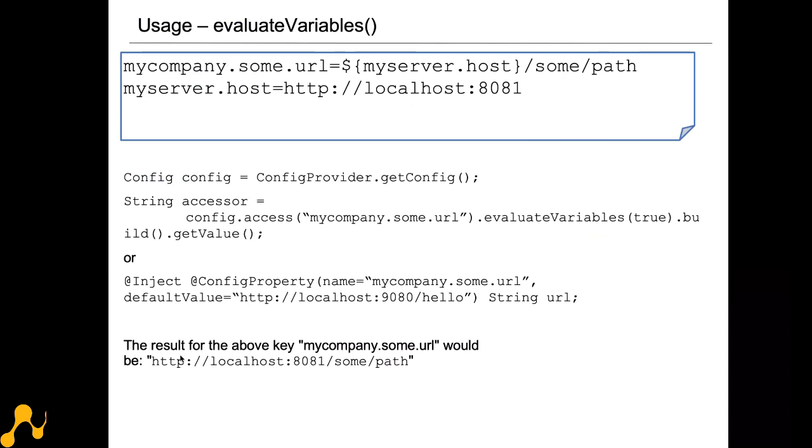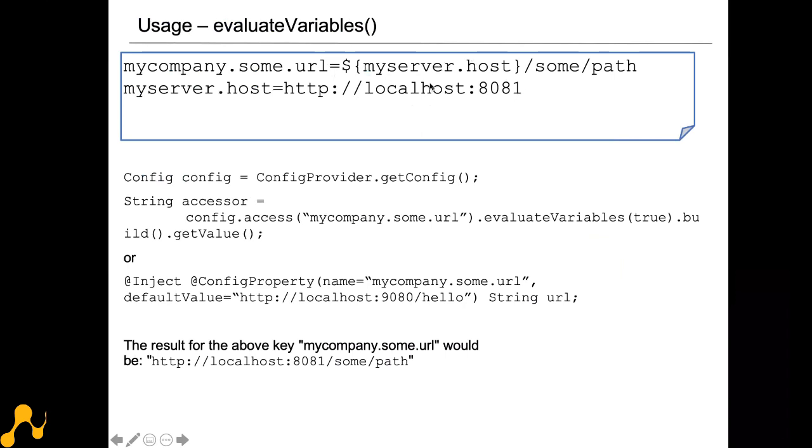So with this proposed change, you can get the config and then access my.company.some.url with evaluate variable true, then build. In this case, when you try to look up my.company.some.url, you will get the value http://localhost:8081/some/path.